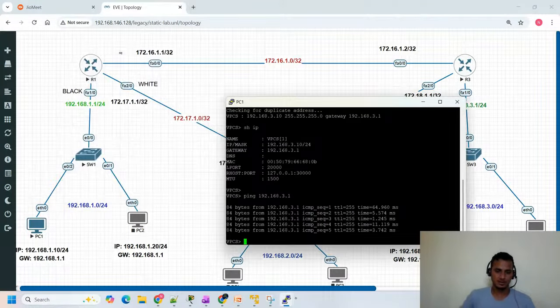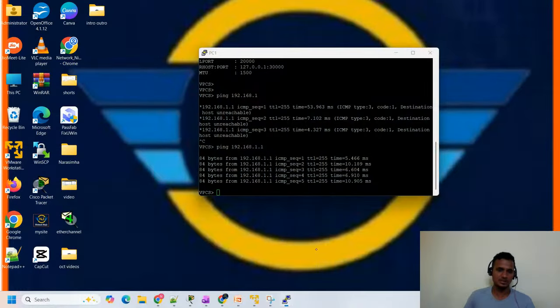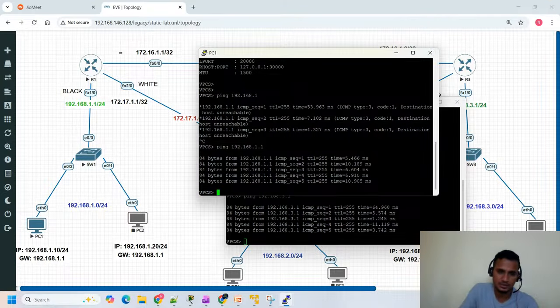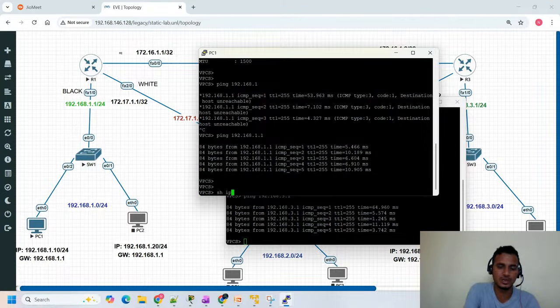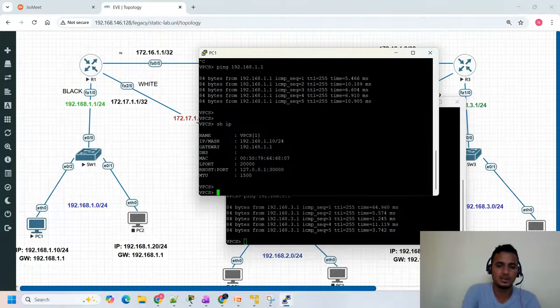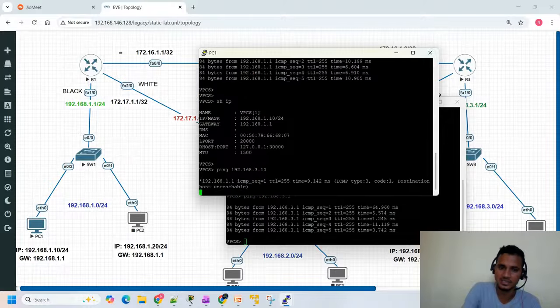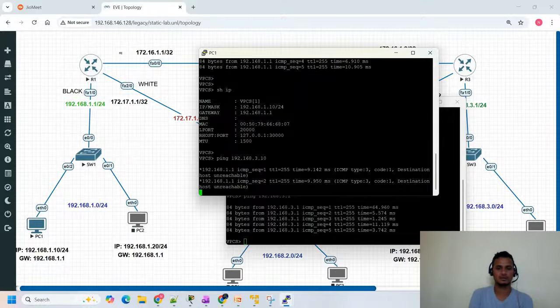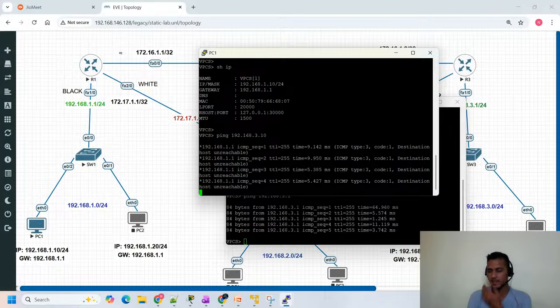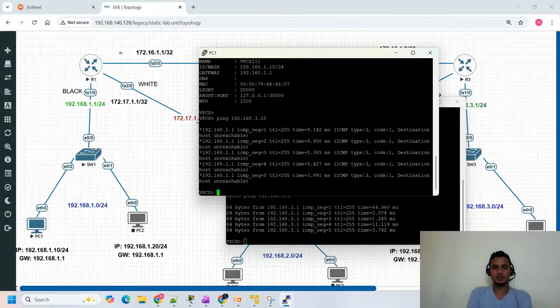I'm going to open VPC1, right? What is the IP address of this? To verify that, show ip in this particular one. Okay, from here when I ping 192.168.3.10, let's see what is going to happen. What is it saying? It is down, right? You are getting destination host unreachable.